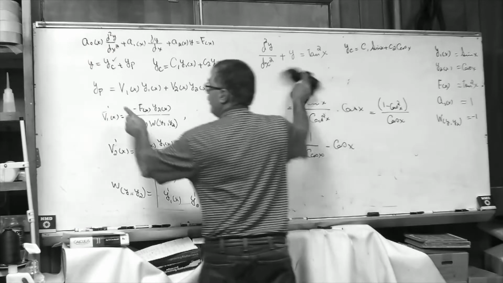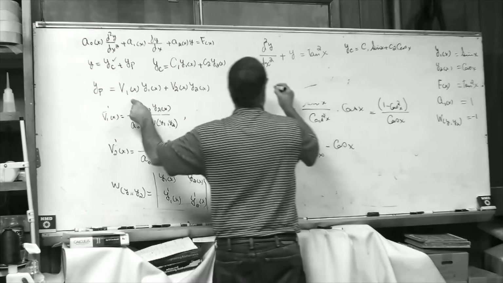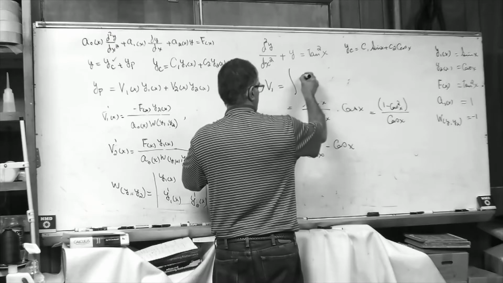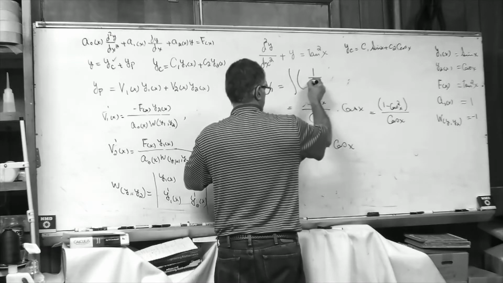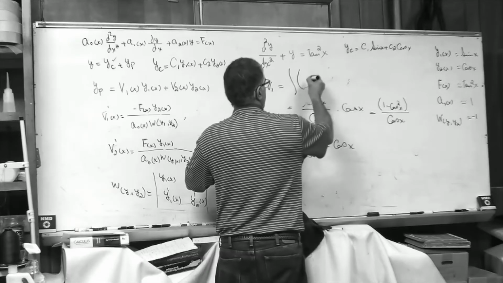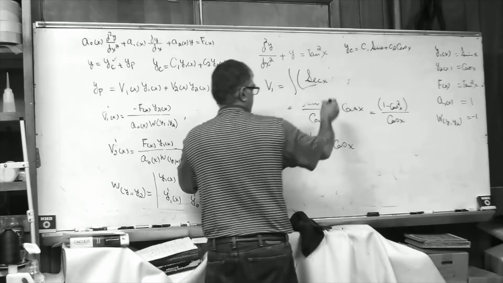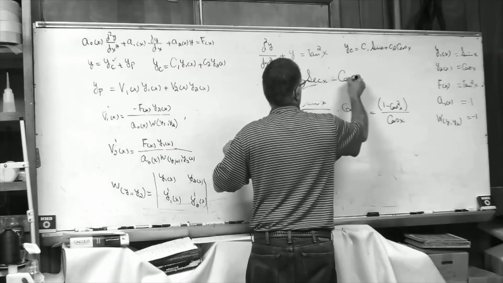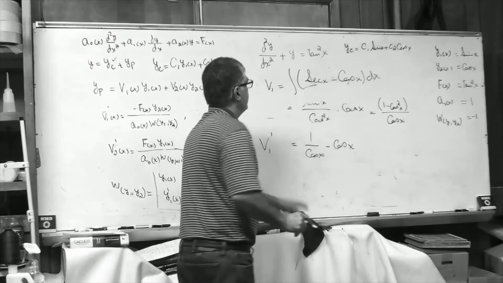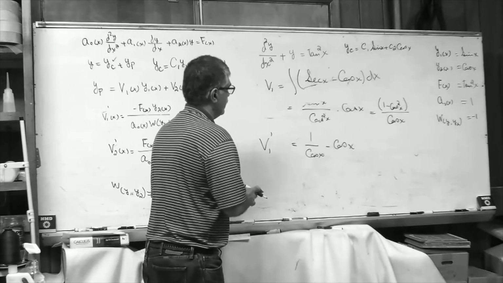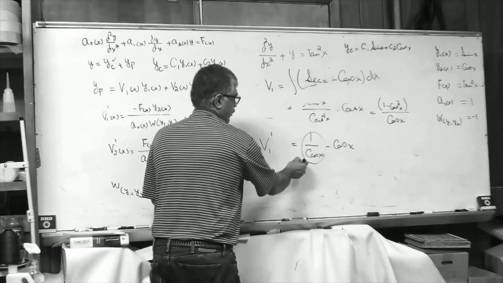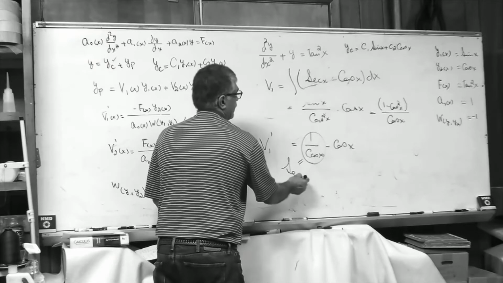So to find v1, it is equal to the integral of 1 over cosine of x, which is secant of x, minus cosine of x dx. We know that by definition 1 over cosine is equal to the secant of x.